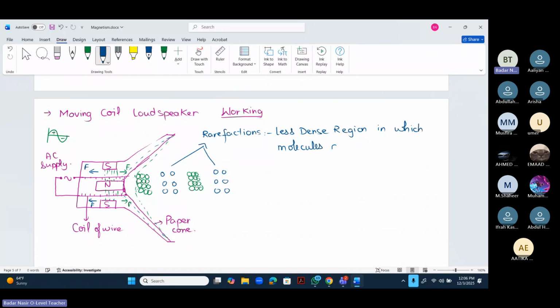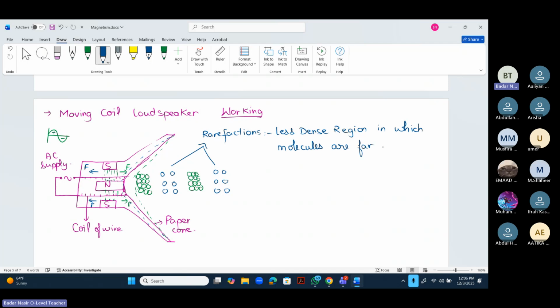And जो ये green वाला है, this is a dense region. Oh, so this is a compression. Compression क्या होता है? Compression is basically a dense region in which molecules are close.